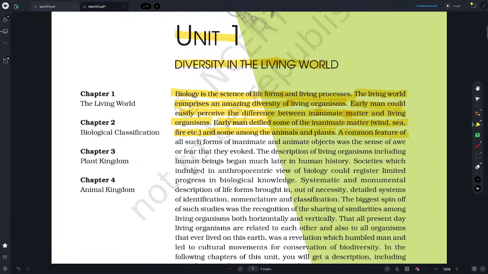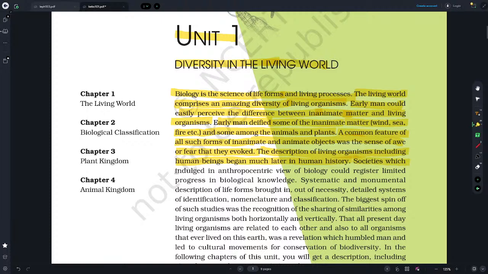A common feature of all such life forms of inanimate and animate objects was a sense of awe or fear that they evoked. The description of living organisms, including human beings, began much later in the human history.